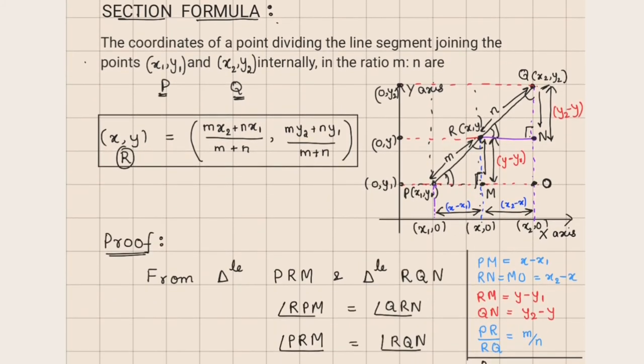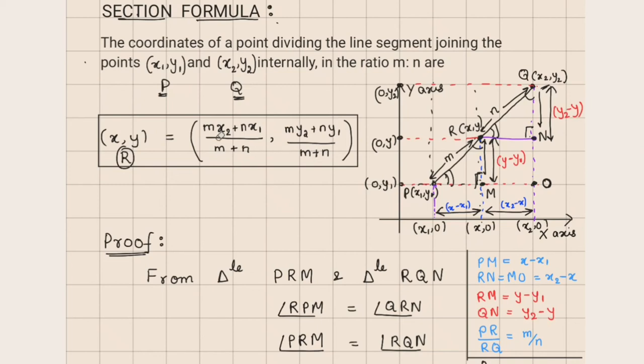Next thing you have learnt is the section formula. What it says is the coordinates of a point dividing the line segment joining points x1 comma y1, which is P, and x2 comma y2, which is Q, internally in the ratio m:n, is (x, y) equal to (mx2 plus nx1) by (m plus n), comma (my2 plus ny1) by (m plus n).